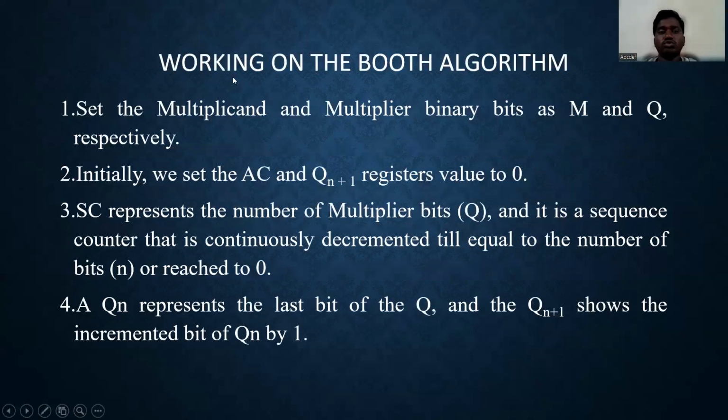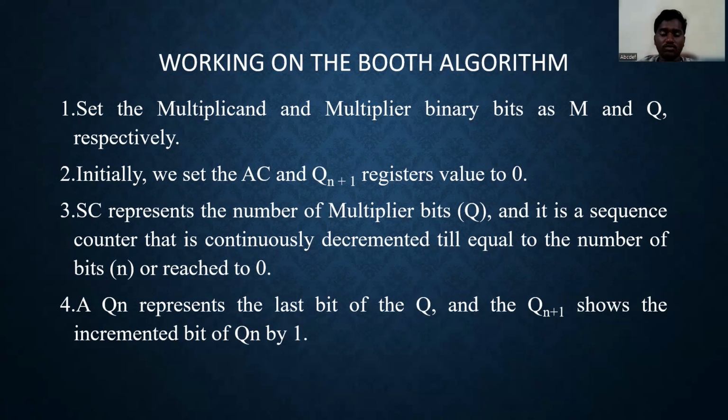Finally, the working of the Booth algorithm. First of all, set the multiplicand and multiplier binary bits as M and Q respectively. Initially, we set AC and Qn+1 register values to 0.